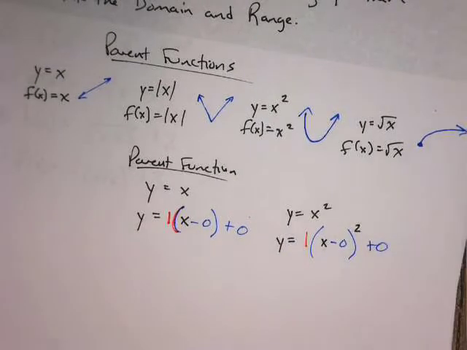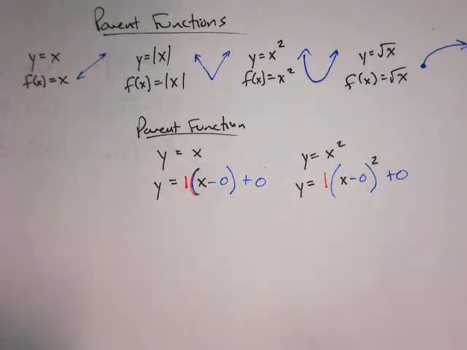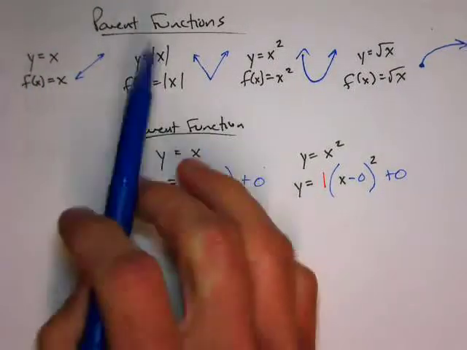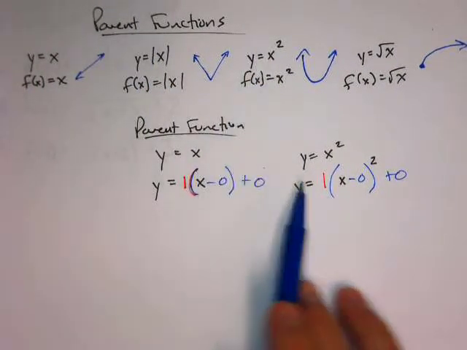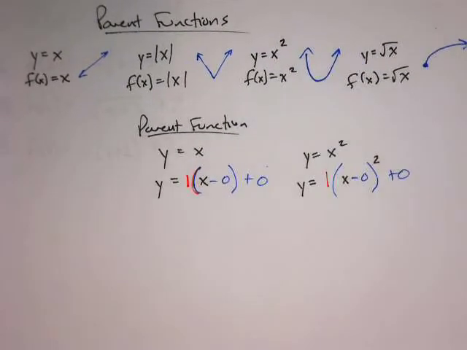So all these invisible things are happening to it, we just don't see it, and it ends up with this. So this crazy looking thing is the same thing as this, and its graph does that. So it's a parent function. All these invisible things are happening to it, we just don't see it.